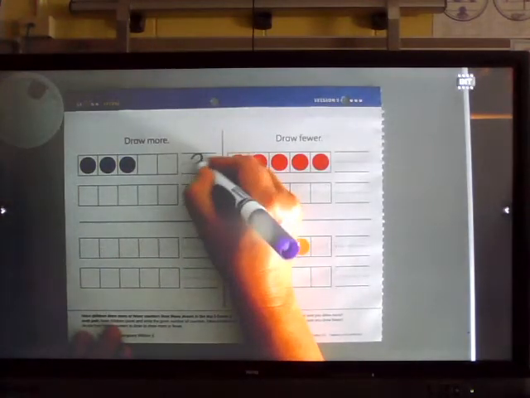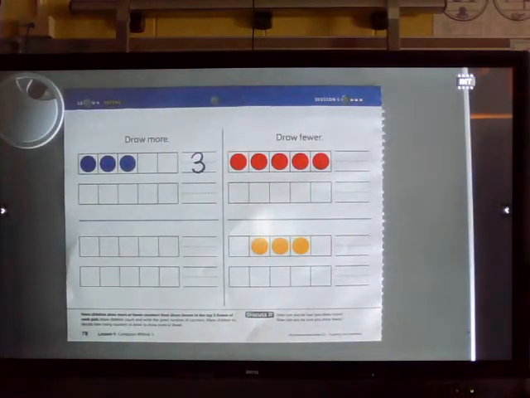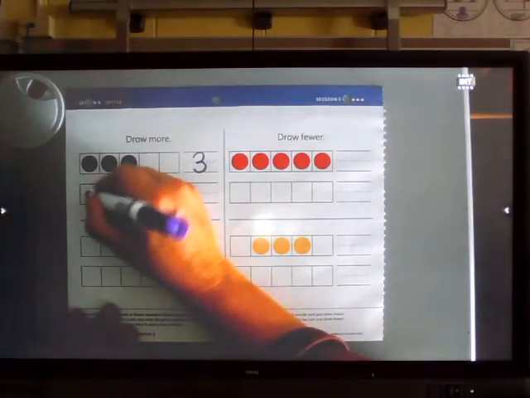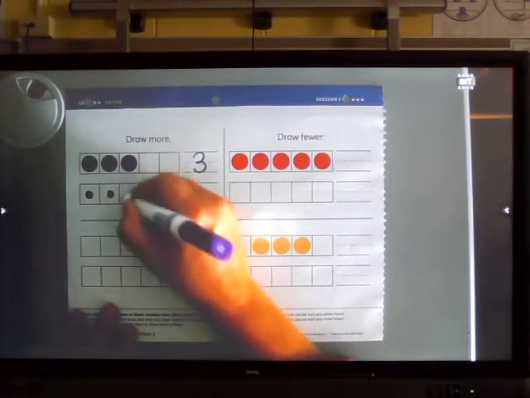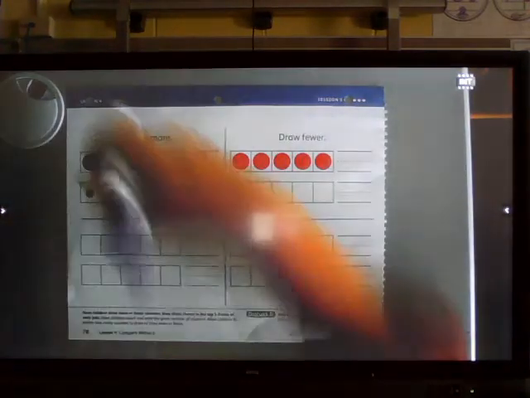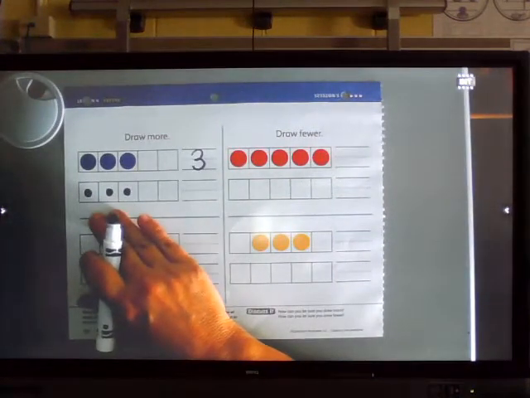So around and stop for the number 3. Now, if I want to draw more, I'm probably going to start by drawing the 3. Now, my sets are equal. I have the same number in this 5 frame as I do in this 5 frame.